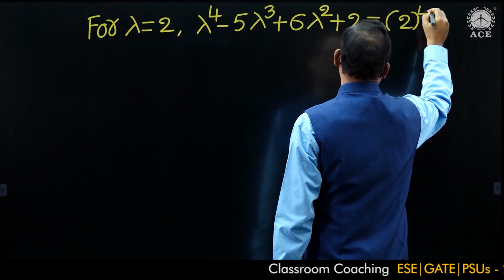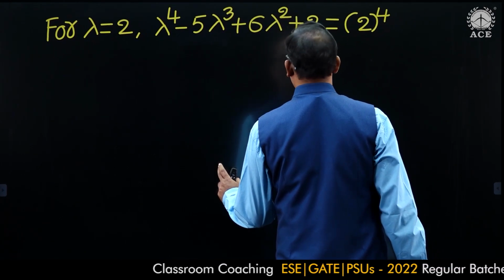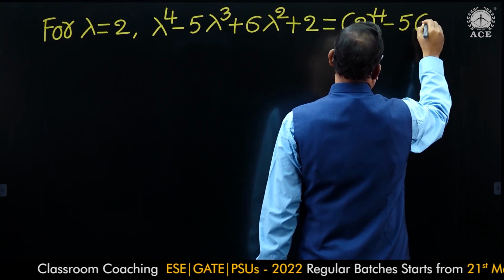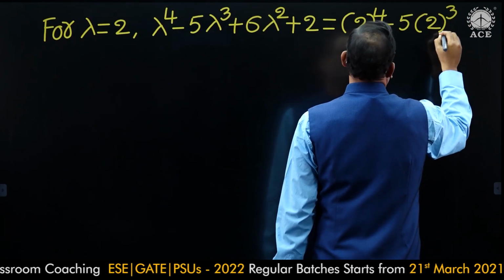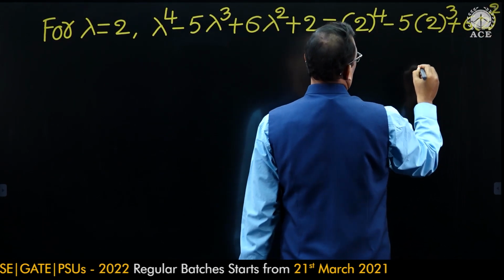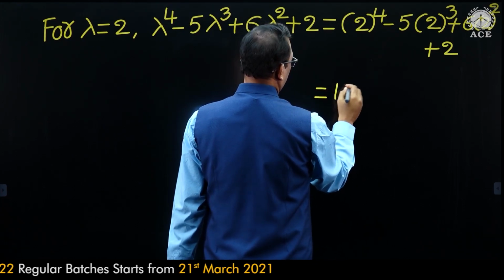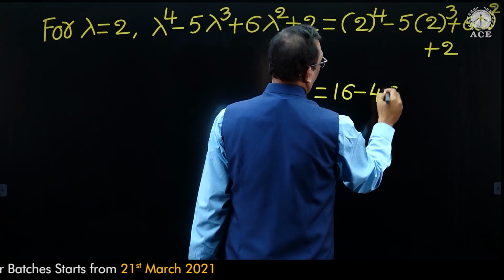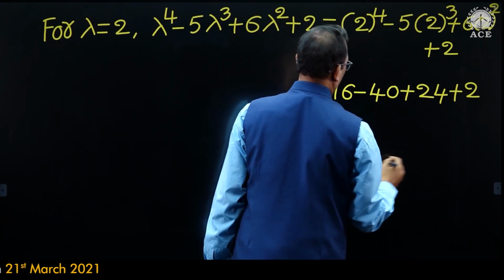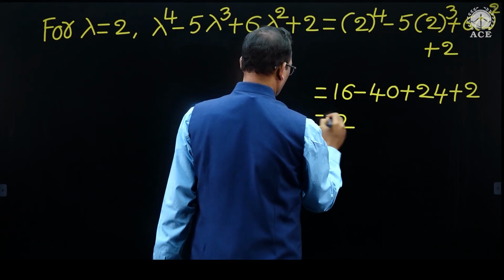So that is 2 power 4 minus 5 into 2 cube plus 6 into 2 square plus 2. 2 power 4 that is 16 minus 40 plus 24 plus 2. 42 minus 40 that is 2.